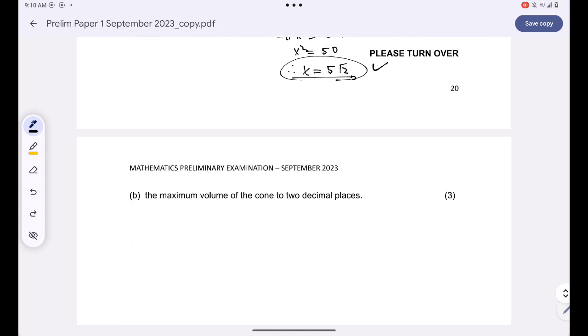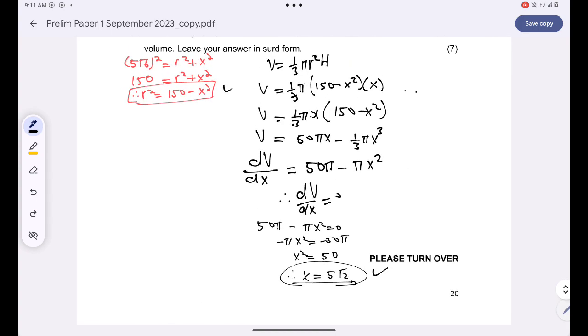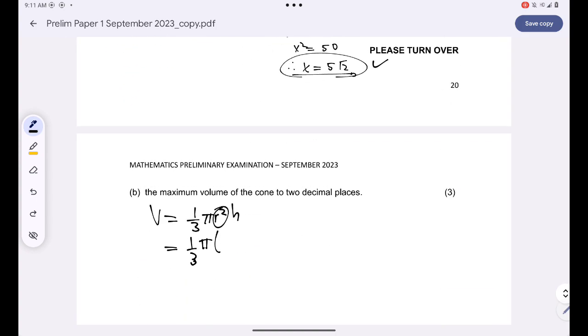Now they want us to find the maximum volume, right? Remember that volume is just equal to 1 over 3 pi r squared multiplied by the height. That's 1 over 3 pi, and then our r squared, we found it to be equal to 150 minus x squared, multiplied by x.